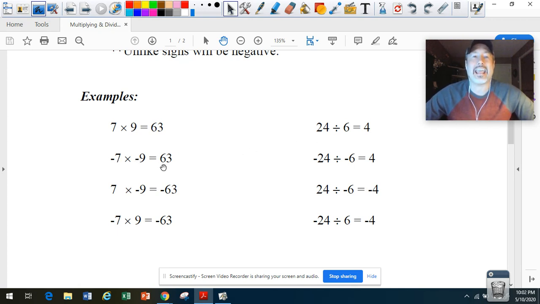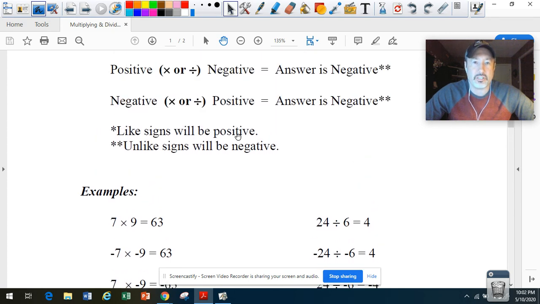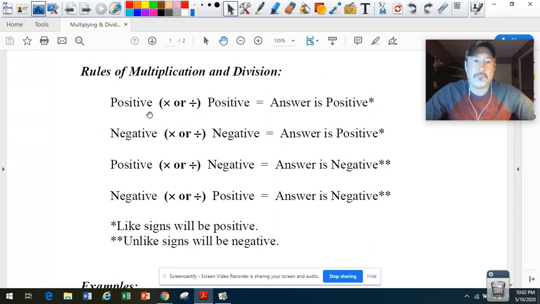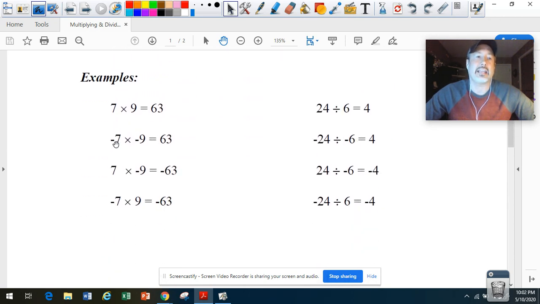They're both negatives. Negative 7 times negative 9 equals a positive. Remember we said up here, negative times a negative is a positive. So negative 7 times negative 9 equals positive 63. Over here, negative 24 divided by negative 6 is positive 4.